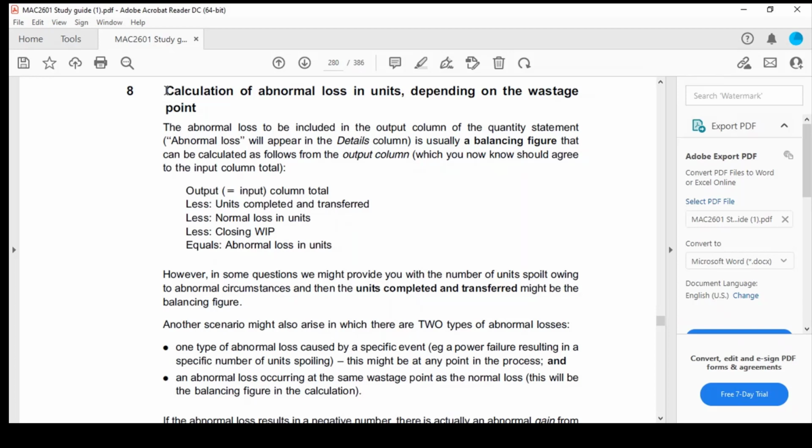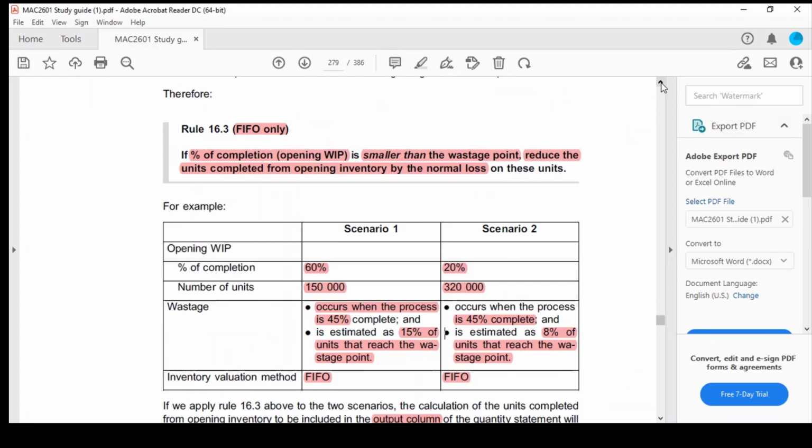If it is before, I will keep it. I mean, I will deduct. Sorry, no, I will keep it, because it's subject to the loss. But if it is after that wastage point, I will have to deduct.